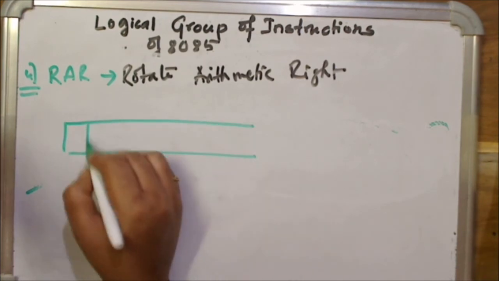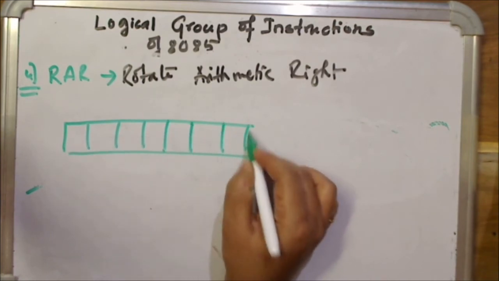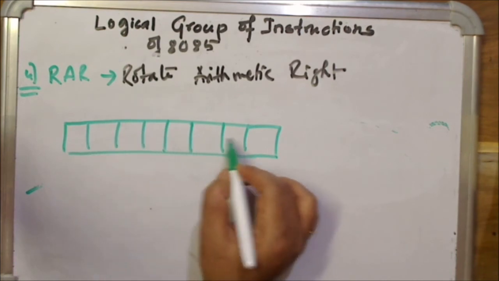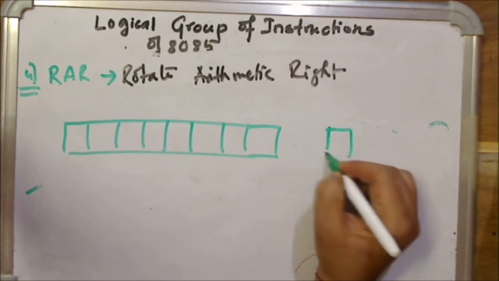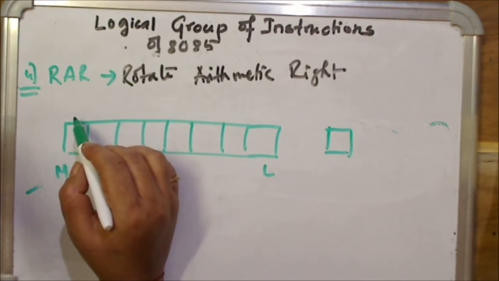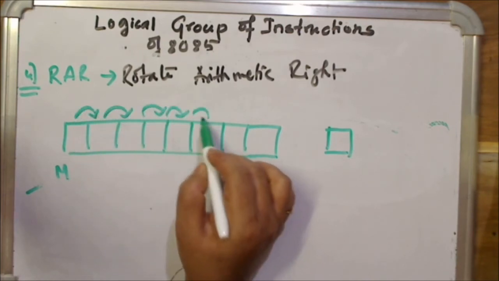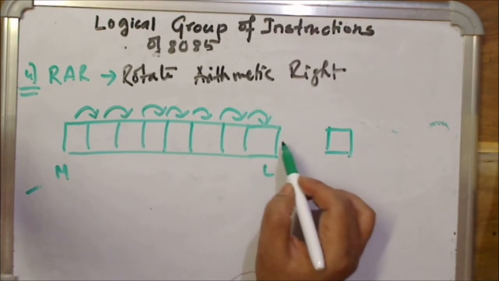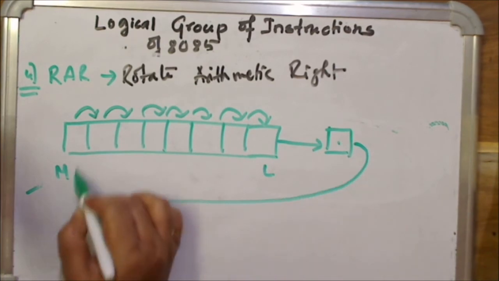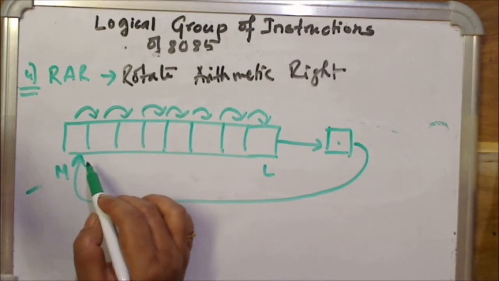This is your accumulator, this is your carry, this is the LSB and this is the MSB. If you write RAR, each bit will go one position to the right. The LSB will go to the carry flag, and the carry flag will come to the MSB.